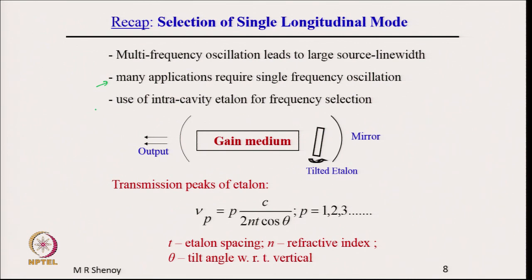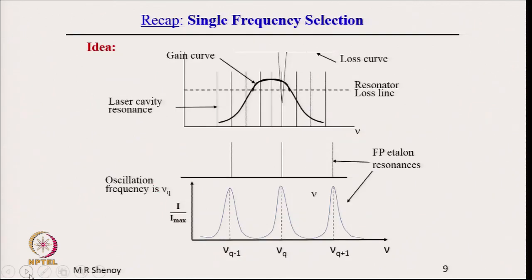The idea used is the use of an intra-cavity echelon for frequency selection. This we have discussed in detail in the last lecture, and using a tilted intra-cavity echelon we can select a single longitudinal mode, that is, a single resonance frequency.